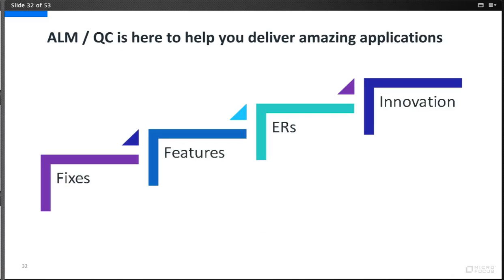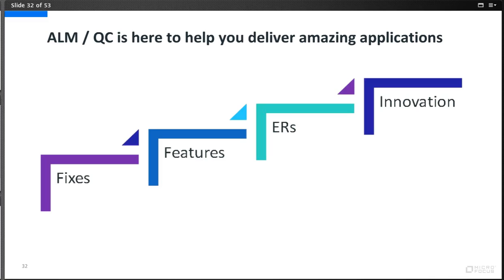Again, before I hand off to Vannon for the Octane portion of this, we really want to emphasize that ALM and QC is here to help you deliver amazing applications. That might sound cheesy, but we also want you to know that ALM QC really is continuing to be improved upon. We are constantly creating new fixes, which is leading to new features.